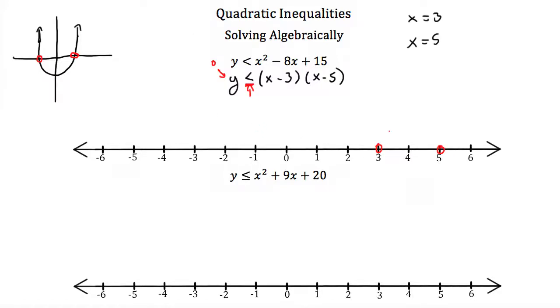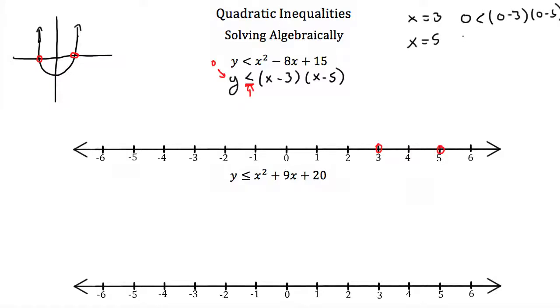Well, since I have those key points, now I can just test points in these three different regions: to the left of 3, between 3 and 5, and to the right of 5. So to do that, I'm going to test to the left of 3 first, and I'm just going to plug in any one of these numbers. I'm going to choose 0, and we're going to plug that in for x. And remember, this is when y is equal to 0. So we'll have 0 is less than 0 minus 3 times 0 minus 5.